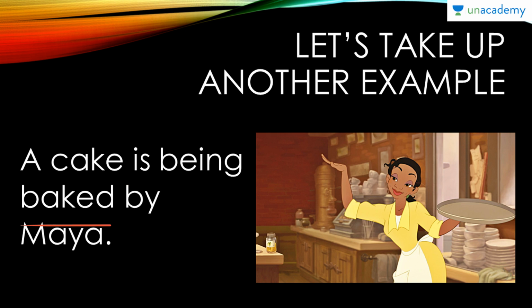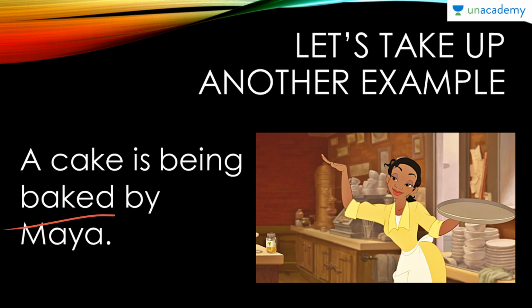So let's figure out our subject, verb and object in this sentence, shall we? A cake is being baked by Maya. What is being baked by Maya? A cake, making cake our subject in this case. By whom is a cake being baked? By Maya, making Maya our object.